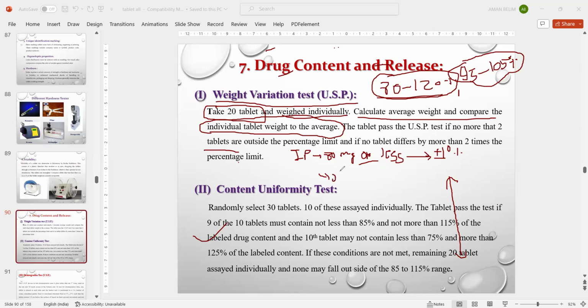If it is between 80 to 250 mg, then the variation allowed is plus or minus 7.5%.